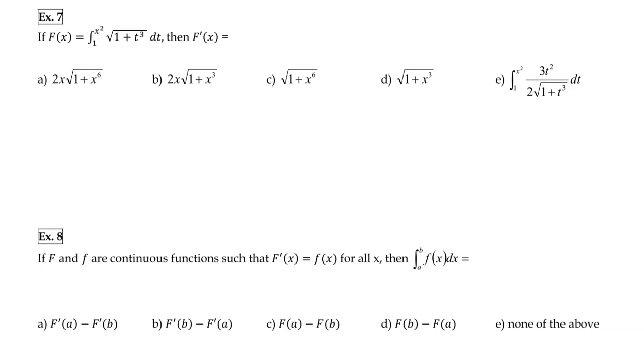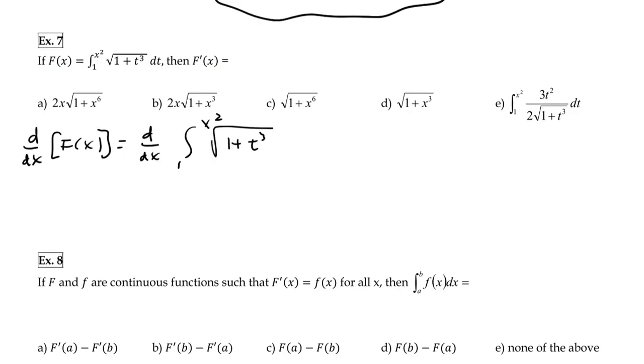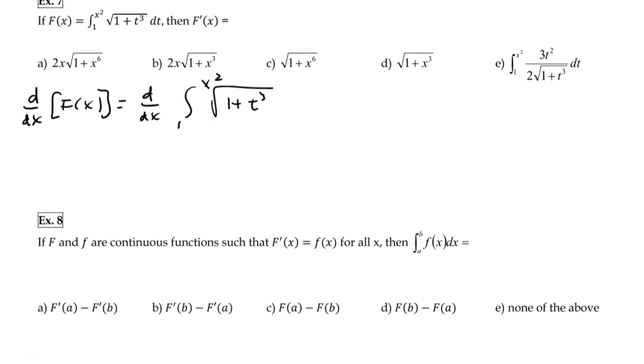Okay, I'm going to go on. So if I have f and I want capital F prime, doesn't that mean take the derivative? So we're going to take the derivative of the left, and we are going to take the derivative of the right. Okay, are you guys seeing that this is second fundamental theorem? If I take the derivative of capital F, I get capital F prime. What we're thinking about here is derivatives and integrals.